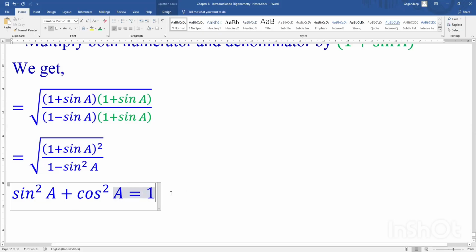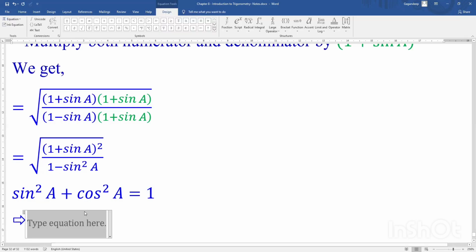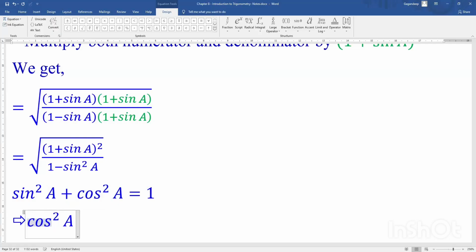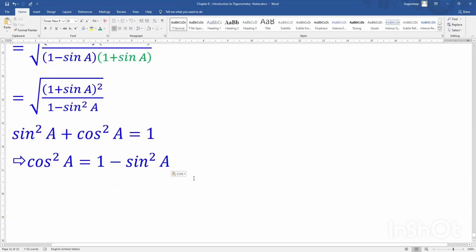Now suppose I transpose this sine square A to the other side. We will be left with cos square A on the left hand side, and on the right we get 1 minus sine square A. So that's why I'm replacing 1 minus sine square A with cos square A.